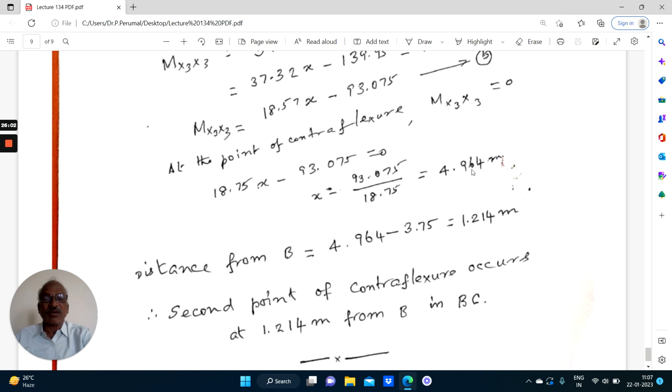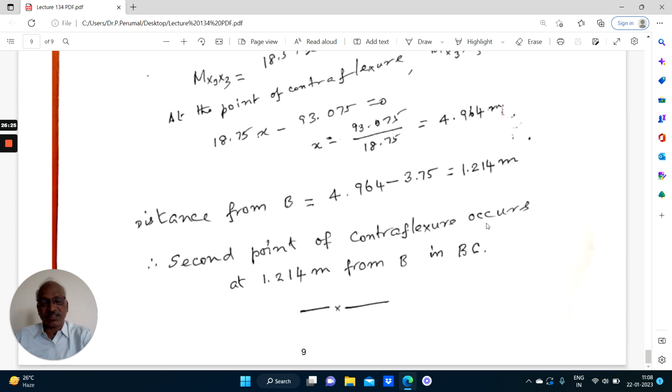Again, we have measured x from the end B, so we have to subtract the 3.75. So 4.964 minus 3.75 equals 1.214. That is, the second point of contraflexure occurs at 1.214 meter to the left of B. So that is how we have to find out the point of contraflexure.